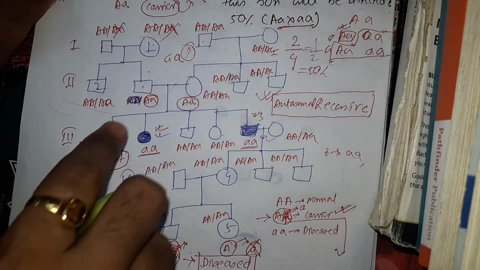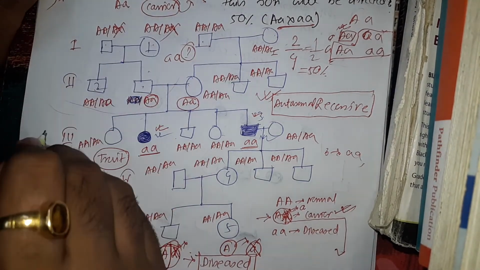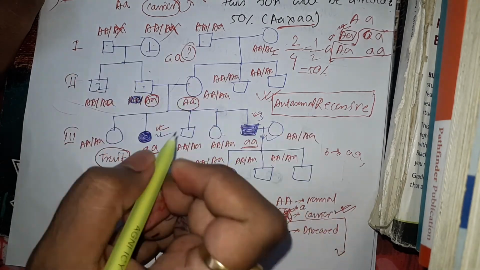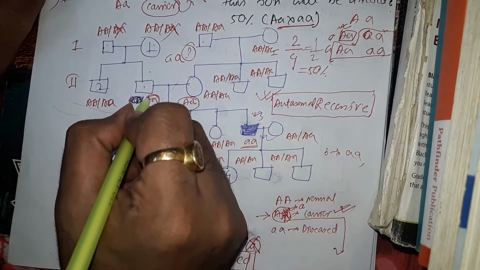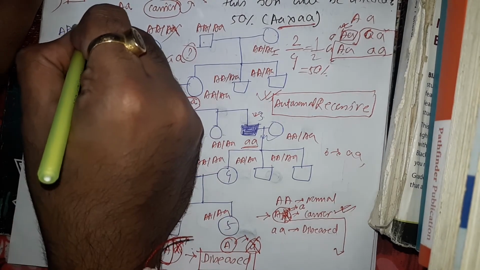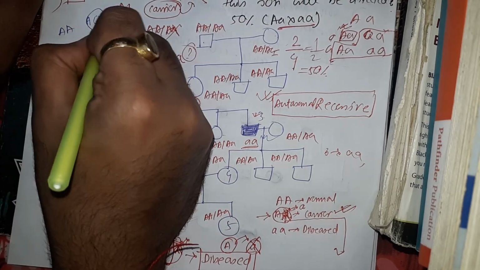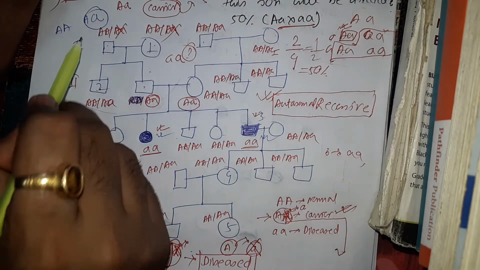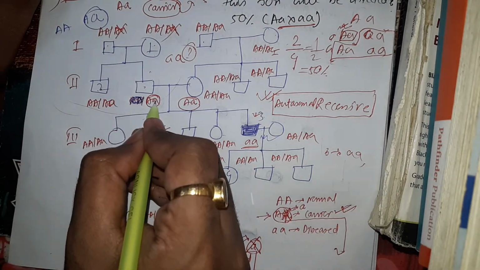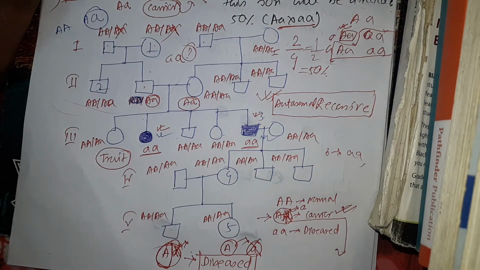Okay, so this also tells us that this individual's father or mother, one of them obviously has small a. Why? Because if there is no presence of small a, then how does this small a come here, right?